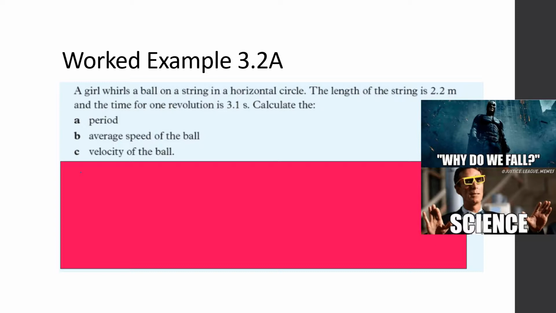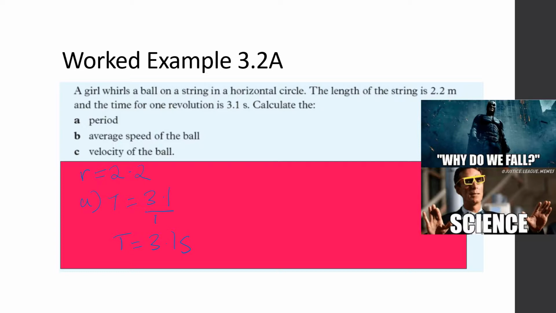We've been told that r equals 2.2 meters, and we know that the time for one revolution is 3.1 seconds. So the formula for period is T equals time, so 3.1 seconds, over number of revolutions, which is just 1, so T equals 3.1 and the units are seconds.